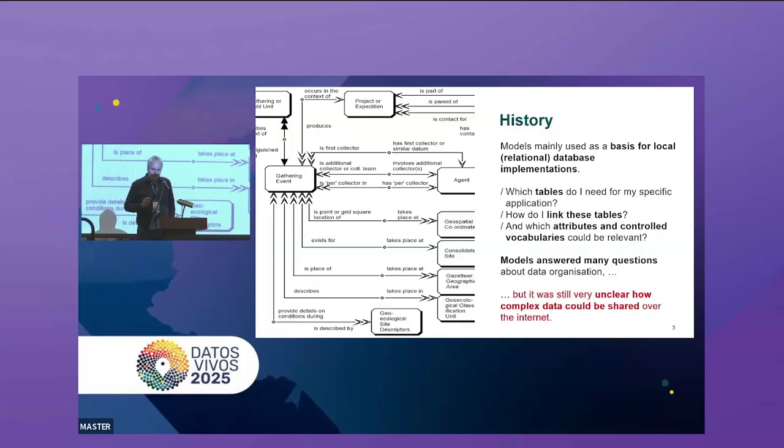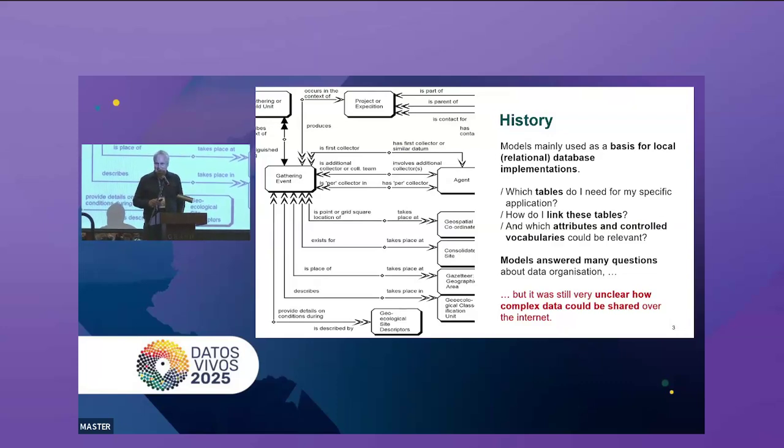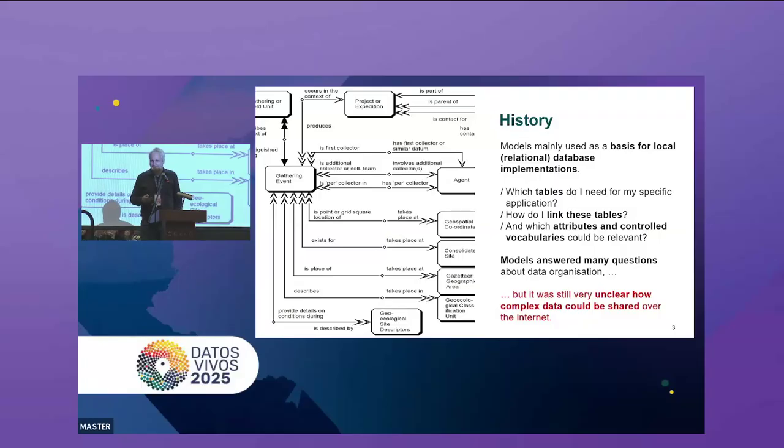And those models were mainly used for implementing local databases in isolation, more or less. It was rather not intended to create data structures for creating international networks and for transferring data from A to B. And that was actually a pity because the models were quite elaborated and very well designed.